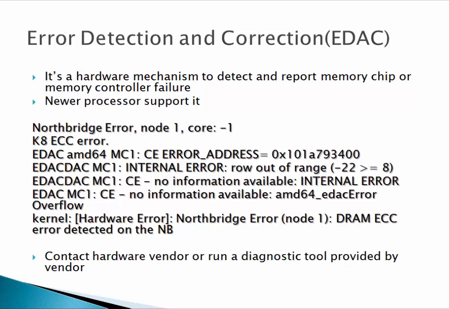Northbridge is basically used to connect your processor to your memory, or to your RAM. Okay, so in the case of a machine check exception, you need to run the hardware diagnostic utility to find out what exactly the error is, or if you are not able to decode it, give it to your hardware vendor, or just run your utility like memtest or whatever is provided by the hardware vendor to find out where exactly the issue is.